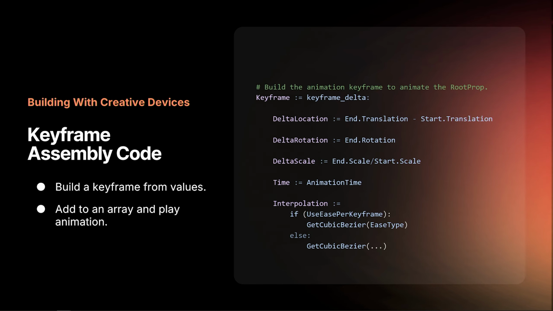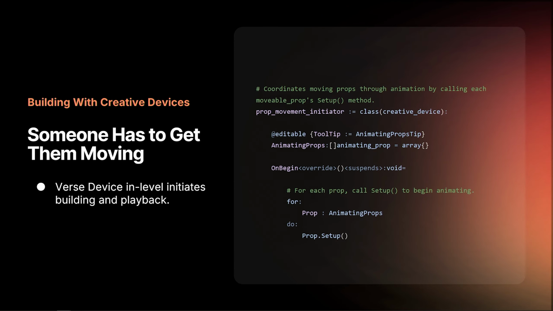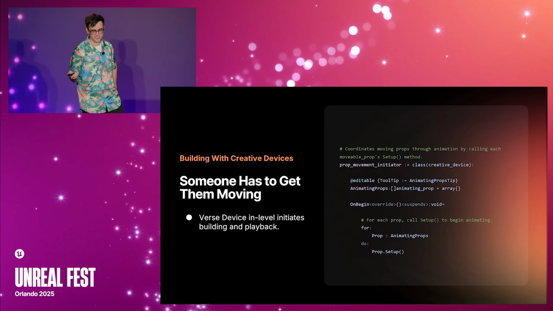Then we add them to an array and play them on the animation controller for that creative prop. But if I assemble this code right now and I hit play, nothing will happen. Why is that? Well, that's because something has to get them moving, right? If I write this code, these movable prop classes just kind of exist out in the ether. They don't really do anything. They don't have a way to interface to their level, and that's why you have to use a Verse device.